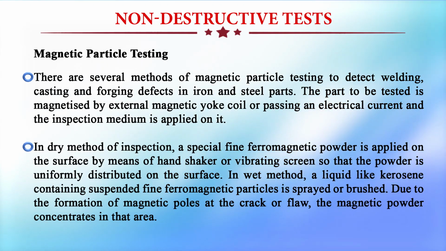In the dry method of inspection, a special fine ferromagnetic powder is applied on the surface by means of a hand shaker or vibrating screen so that the powder is uniformly distributed. In the wet method, a liquid like kerosene containing suspended fine ferromagnetic particles is sprayed or brushed. Due to the formation of magnetic poles at the crack or flaw, the magnetic powder concentrates in that area.